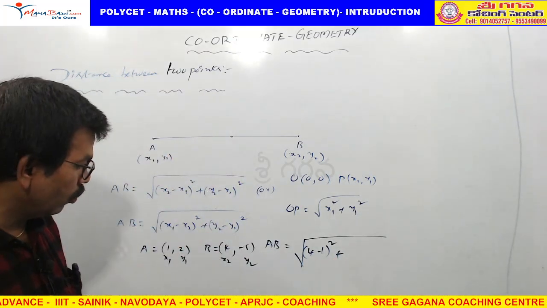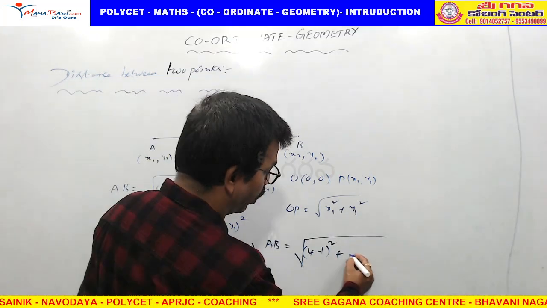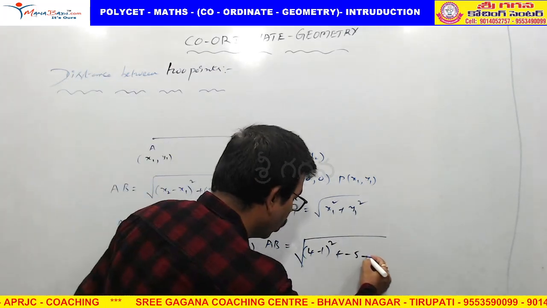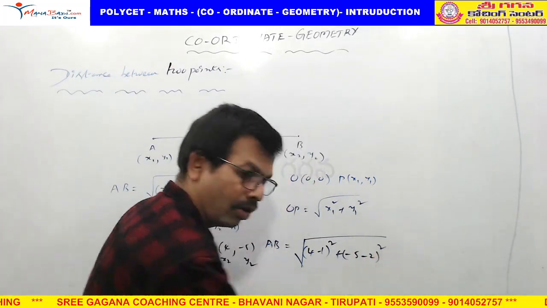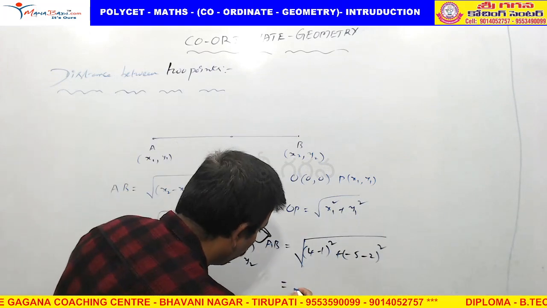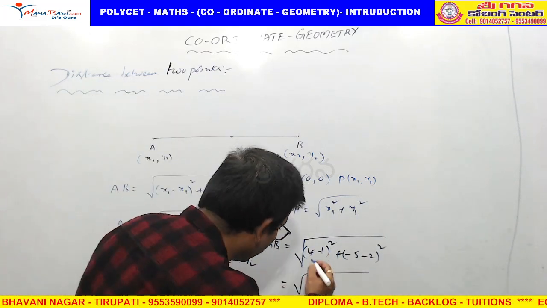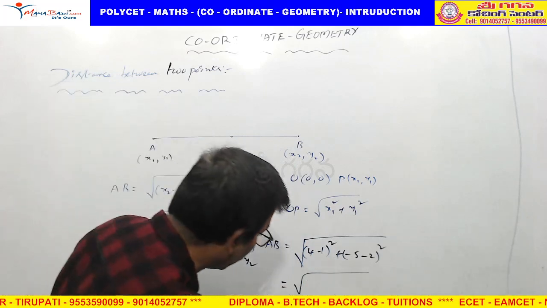Next, y2 means minus 5, minus 2, whole square. If you simplify, 4 minus 1 whole square is 3 square, nothing but 9.